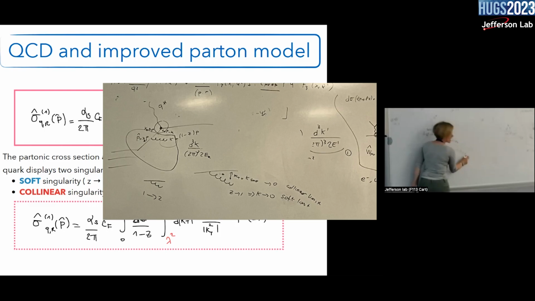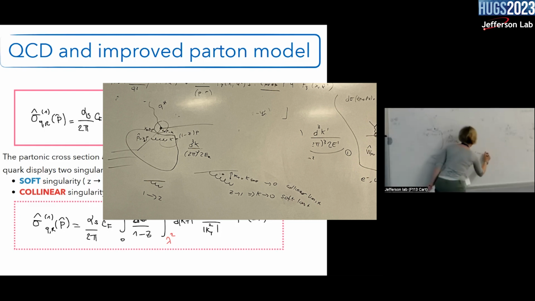kt is the transverse momentum of the gluon. So kt is like k sine theta. So it's something that goes to 0 as the angle of the emission becomes small, okay?